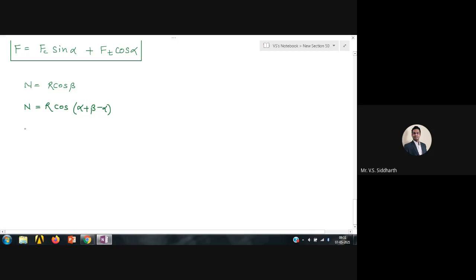Now I will consider A as alpha, B as beta minus alpha, and I will use the formula cos A plus B, that is N equals to R cos A cos B minus sin A sin B. Okay.